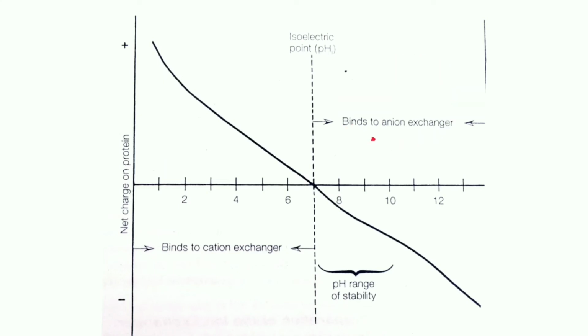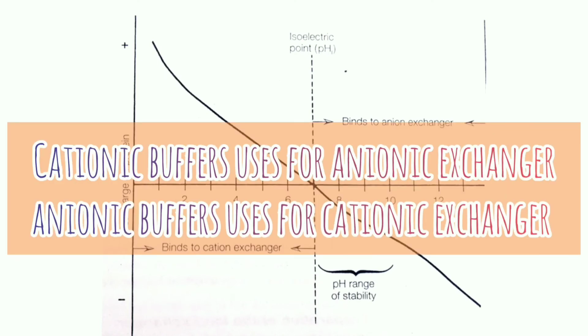The ion exchanger charged with the macromolecule is treated with buffers of increasing ionic strength or changing pH. Buffer ions with a charge opposite to that on the ion exchanger compete with the analyte for binding sites and greatly reduce the capacity of the column. Cationic buffers should be used with anionic exchangers, and anionic buffers should be used with cationic exchangers.